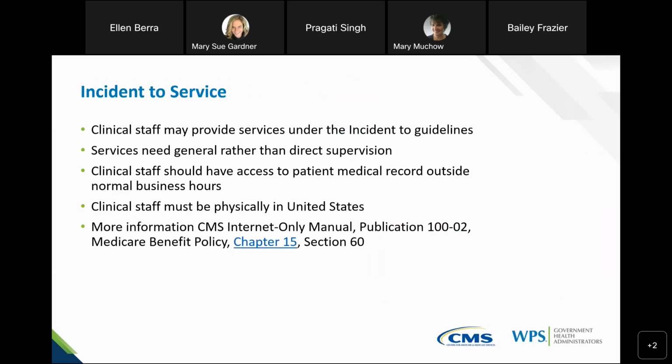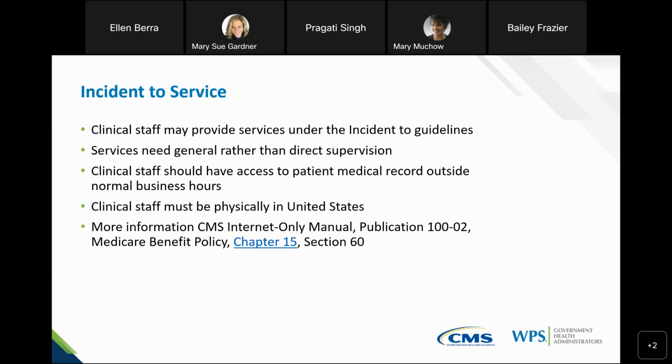Here we have just a slide concerning the Incident 2 guidelines themselves. Clinical staff should have access to the patient's medical record. And what we mean by that specifically is the care plan, even outside of normal business hours. That next bullet point, the clinical staff must be physically present within the United States. There are care management organizations, as we mentioned earlier, out there, and if you choose to use one, that's certainly your choice.